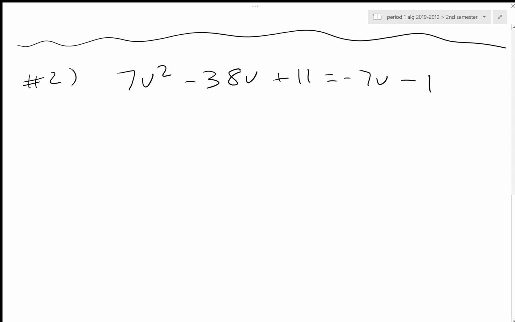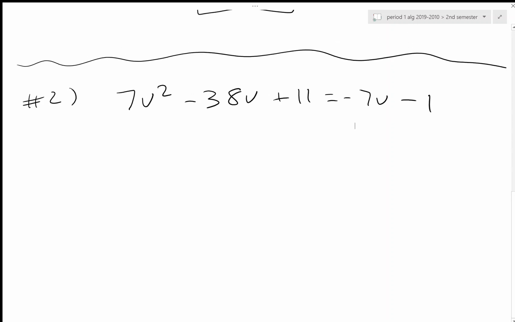Okay, so this time there's two things over here that we need to get rid of. Look, that's a 2, 1, 0, 1, 0. So I'm going to do this like this: plus 7v, plus 7v, because the 1's go together, and then over here, plus 1, plus 1.